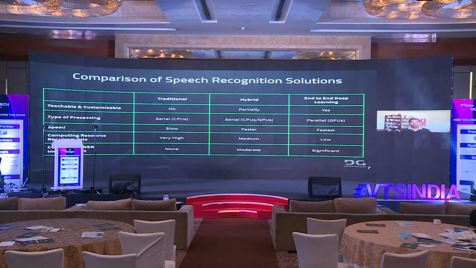When we compare these three different methods, I hope it's clear why our method using end-to-end deep learning has a huge advantage over the traditional and hybrid models. This is not accidental. Our solution is the result of design choices and investments we've been making for years in order to bring the next generation of speech recognition into reality.